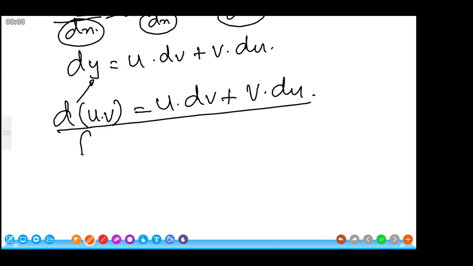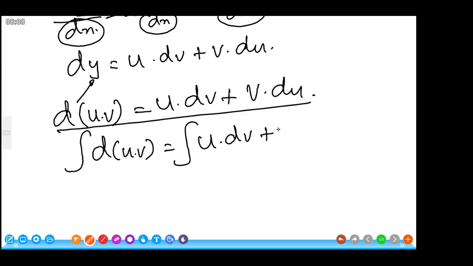Now I am going to put an integration on all the components. If you integrate the left side, you have to integrate the right side also. So the integration of the derivative of uv is equal to the integration of u into dv plus the integration of v into du.